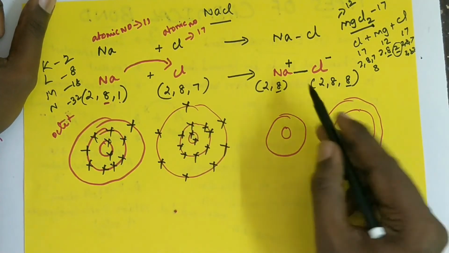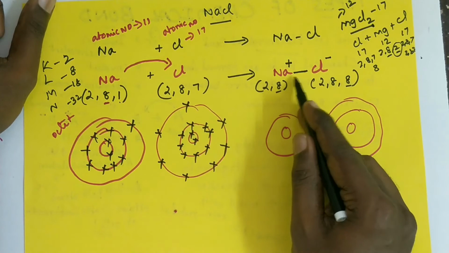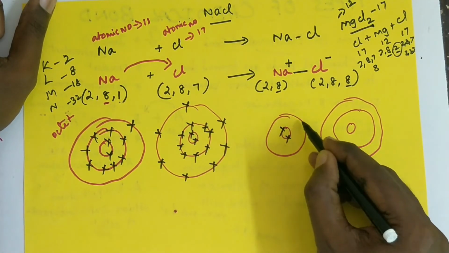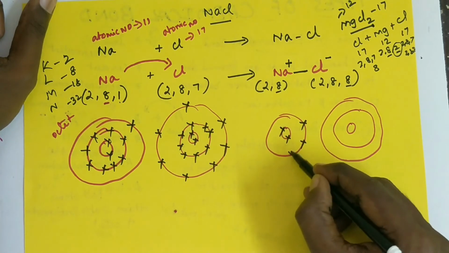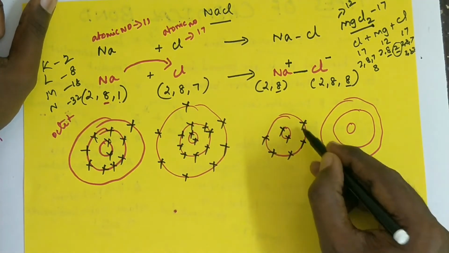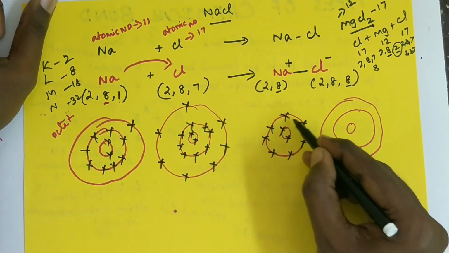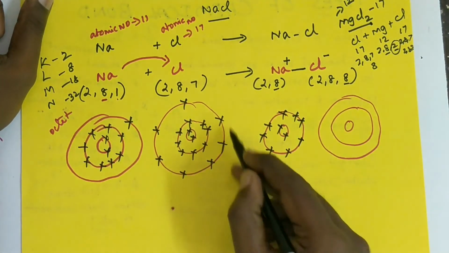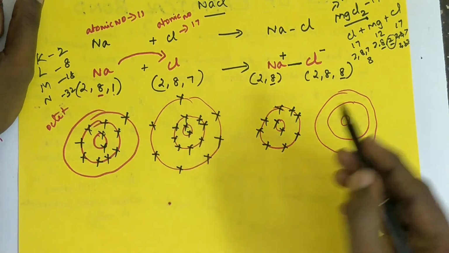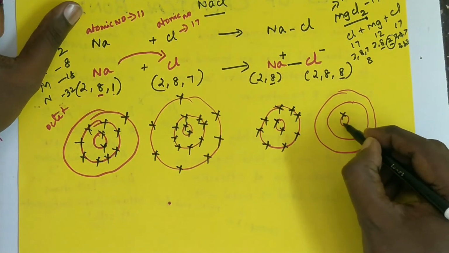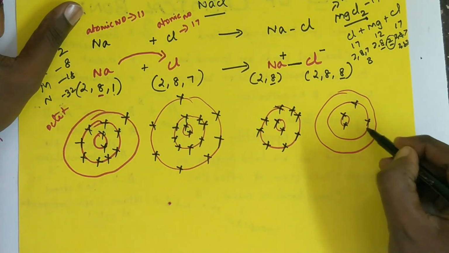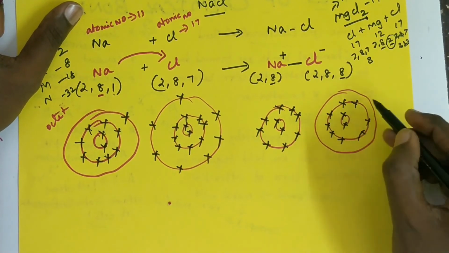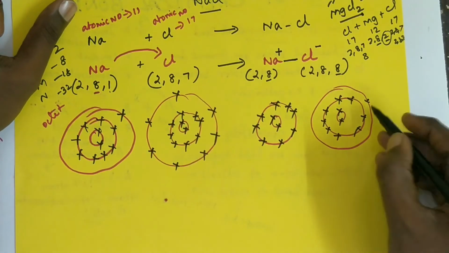In this case, when NaCl is formed, Na loses its 1 electron, so only 2 shells are there, K shell and L shell, because the M shell electron is transferred to chlorine. Chlorine gained 1 electron, so it already had 7 electrons in the outermost shell, and with 1 more it becomes 8. So K shell 2, L shell 8, M shell also 8.